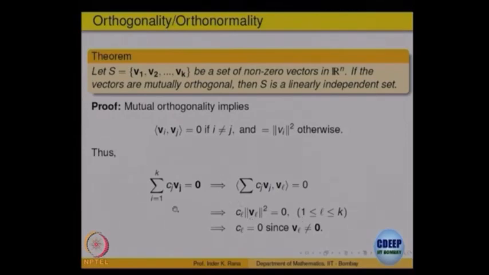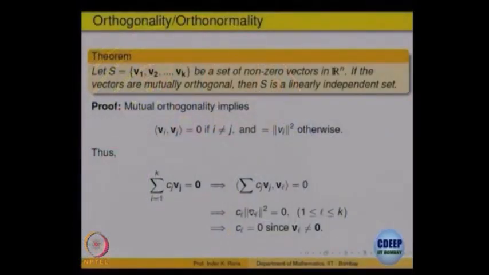So if a linear combination of an orthonormal set is 0, then each coefficient must be 0, simply by taking the dot product on both sides with each Vl. So an orthonormal set is automatically linearly independent.